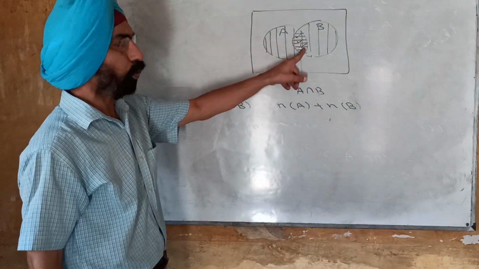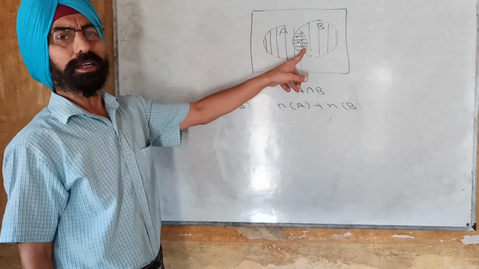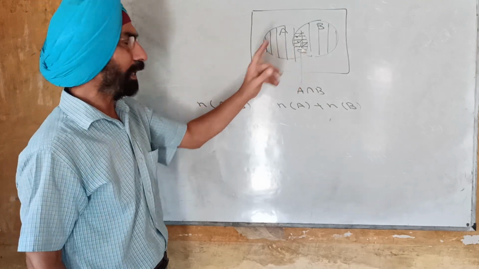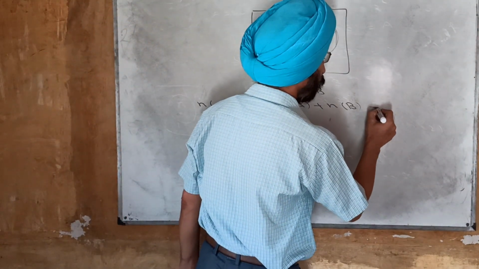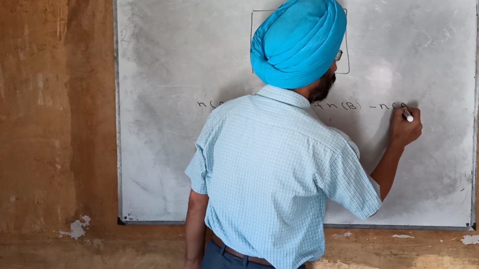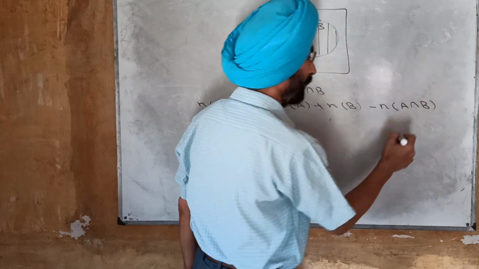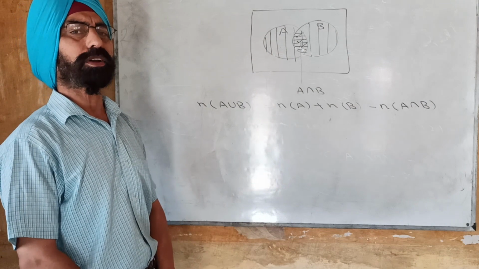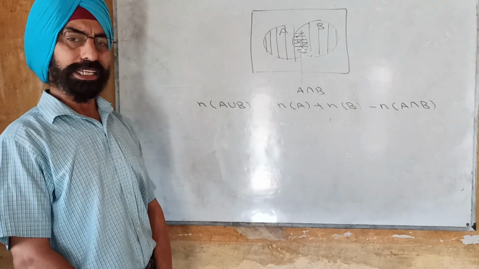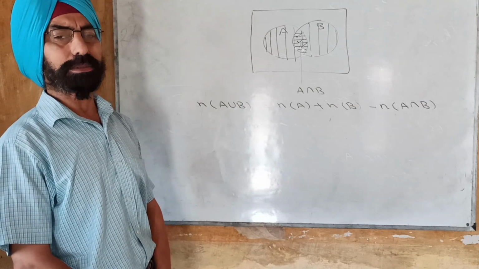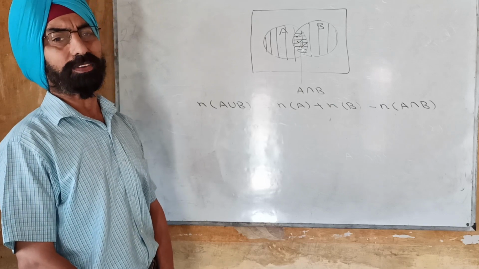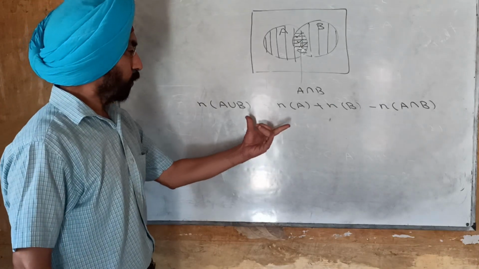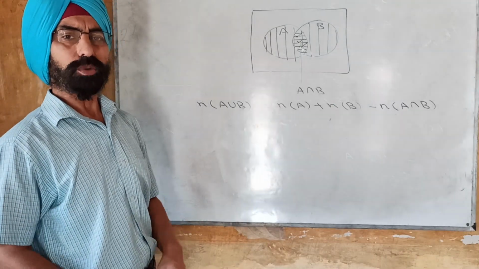That means this portion is added one extra time, which we will have to subtract. That means minus the number of elements in A intersection B. So this is your first formula for counting the number of elements of A union B, A intersection B, number of elements of A or number of elements in B from the given data.